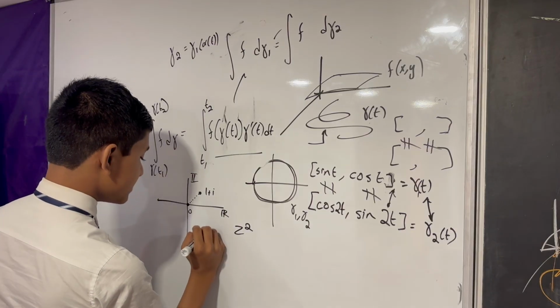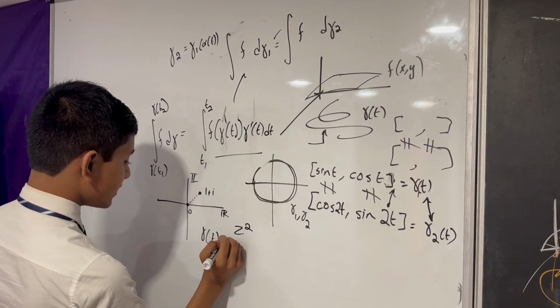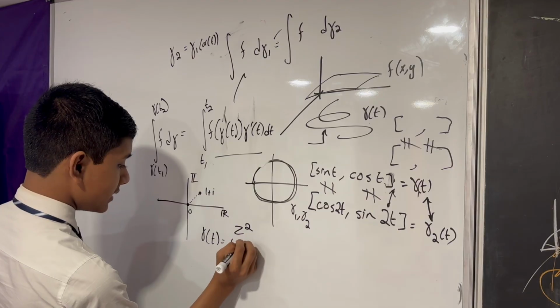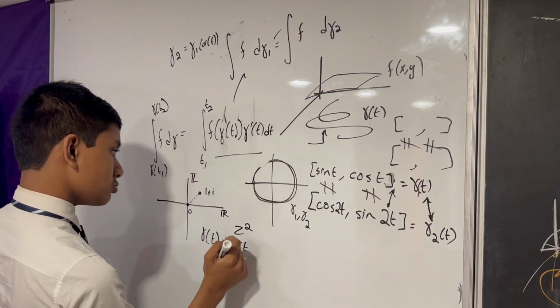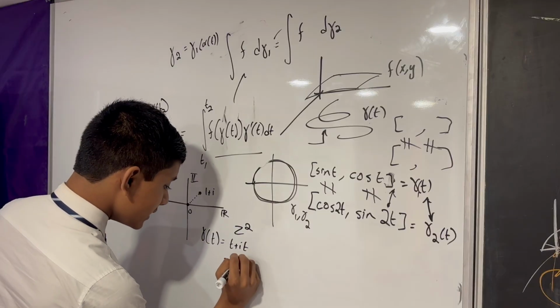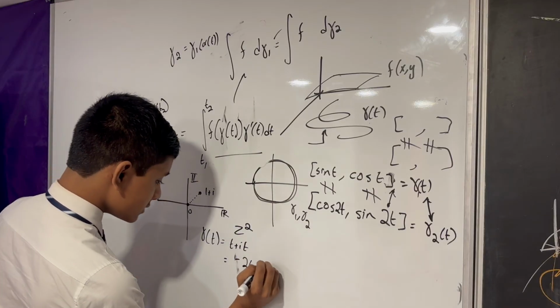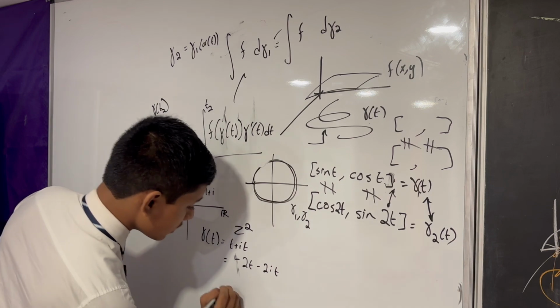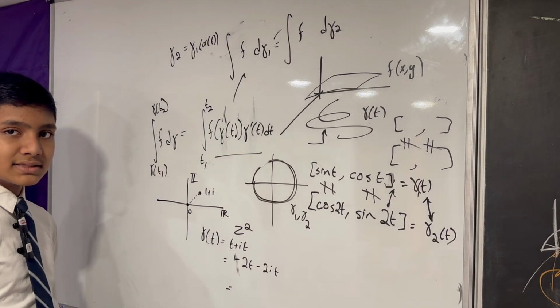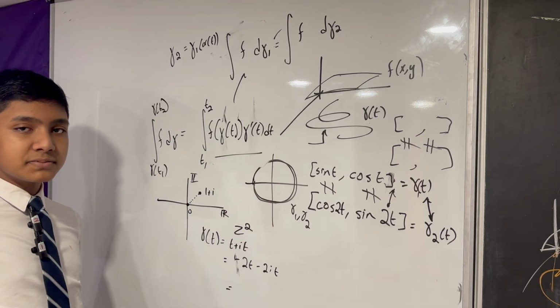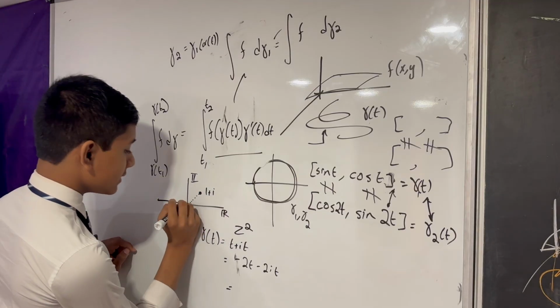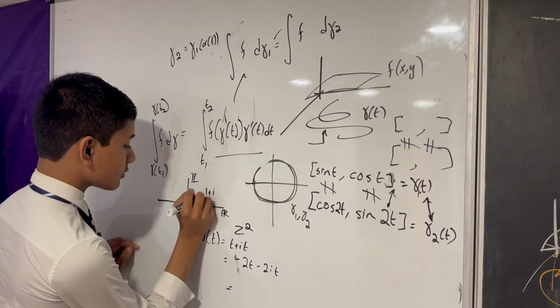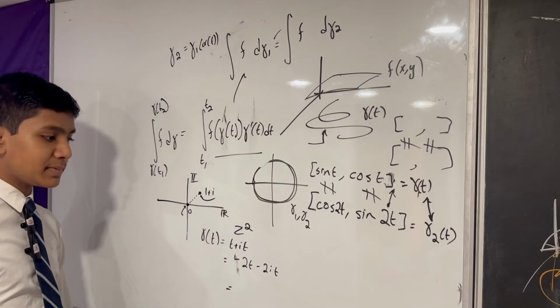Well, we can always parameterize it as gamma of t is equal to t plus it. Or you can also parameterize it as minus 2t minus 2it. Or you could also parameterize this as any number of options. But keep in mind that they're going to take different times to reach 0 and 1 plus i, respectively.